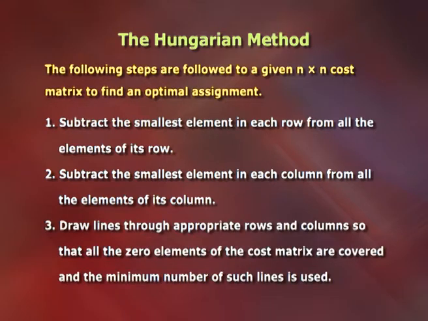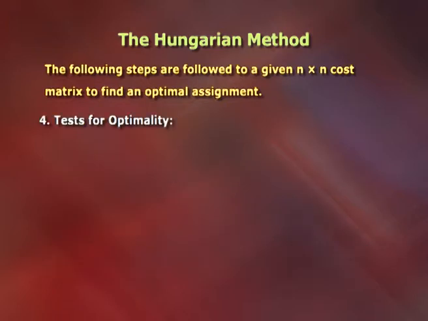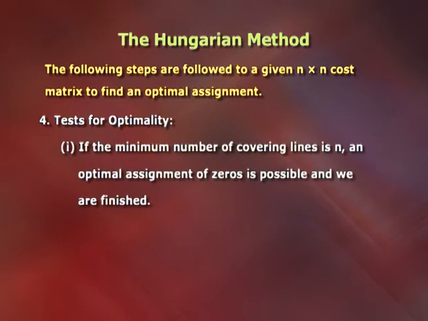Step 3. Draw lines through appropriate rows and columns so that all zero elements of the cost matrix are covered and the minimum number of such lines is used. Step 4. Test for optimality. First, if the minimum number of covering lines is n, an optimum assignment of zeros is possible and we are finished.